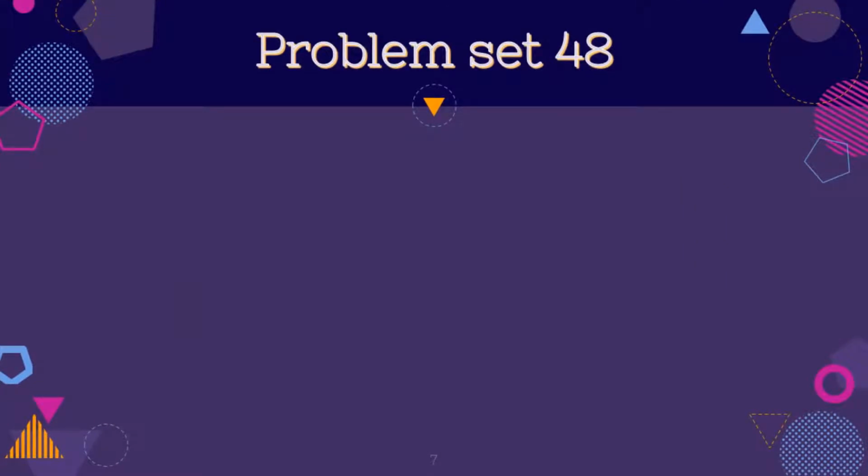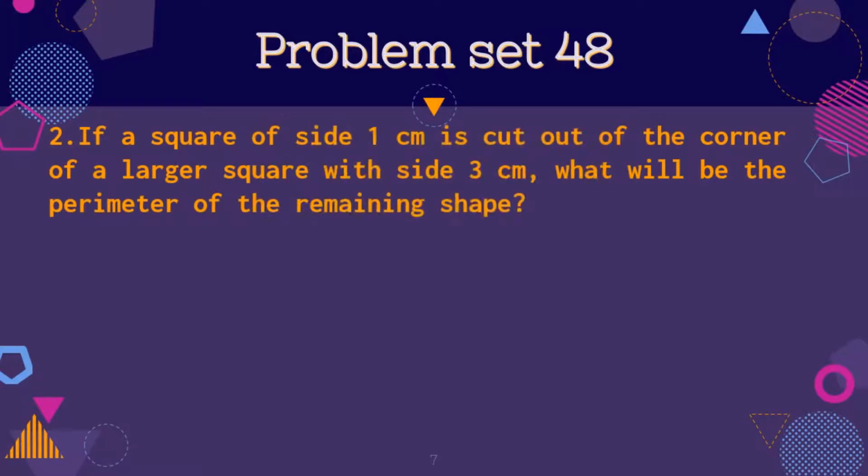Next question is, if a square of side 1 centimeter is cut out of the corner of a larger square with side 3 centimeter, what will be the perimeter of the remaining shape?